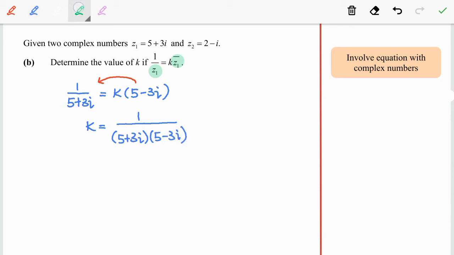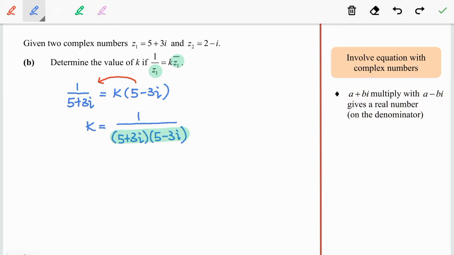So now we are going to expand the denominator part. For your information, if a plus bi multiplied with a minus bi will give us a real number. Let us expand this. So we have 25 minus 9i squared.